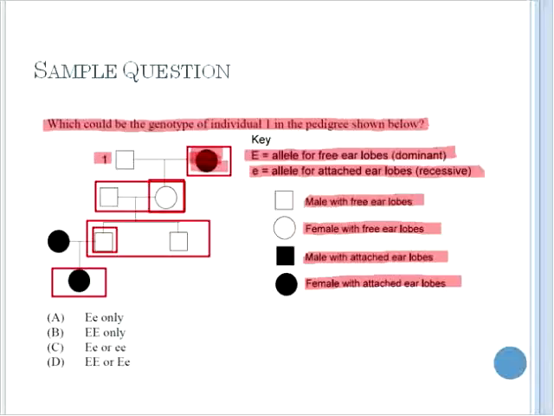The choice is D, homozygous dominant or homozygous recessive. The lowercase e, the recessive allele, could have arisen from the mother, which would have made this individual big E, little e. We know it would have gotten a big E from dad.